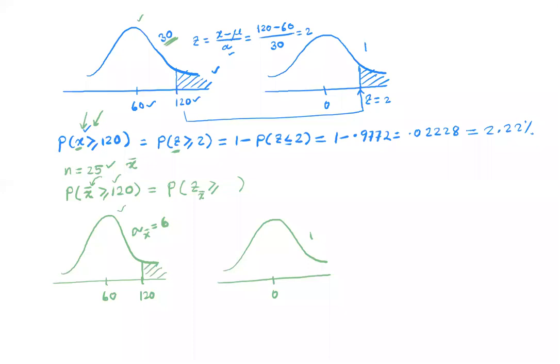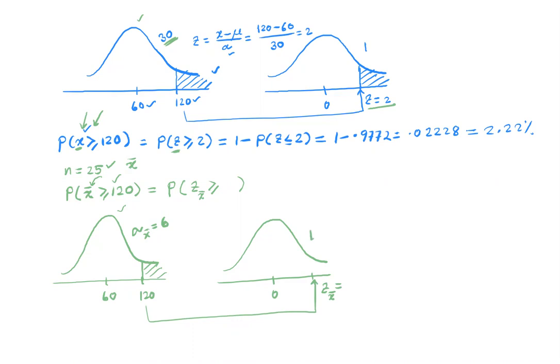Now this 120 is going to translate to a point right here. We do not call it Z like we did here. We are going to call it Z sub X bar, just to identify that we are dealing with a sampling distribution, Z sub X bar. All right.